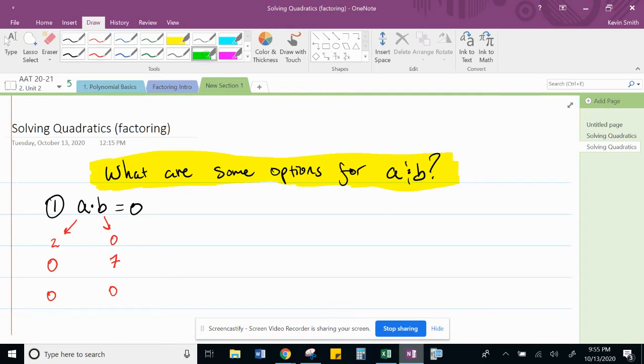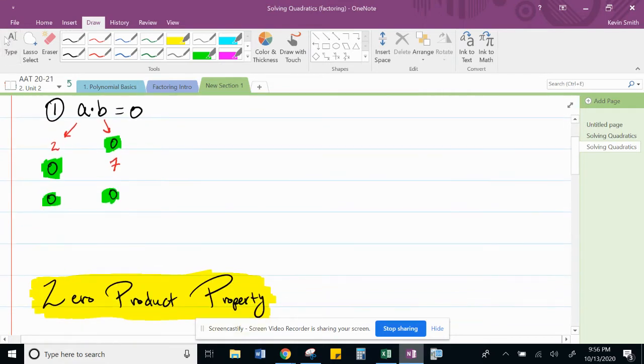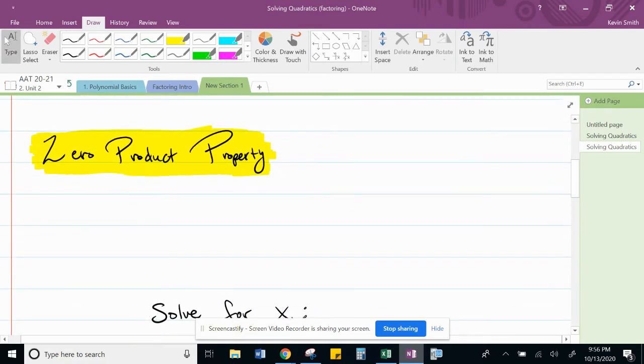What is interesting is when you look at the patterns between what you always notice. You always notice that either A or B has to be equal to 0. So either A is 0 or B is 0. And this is a pretty important topic as we move into quadratics, and it's called the zero product property.